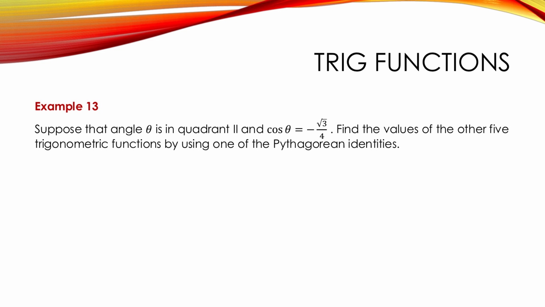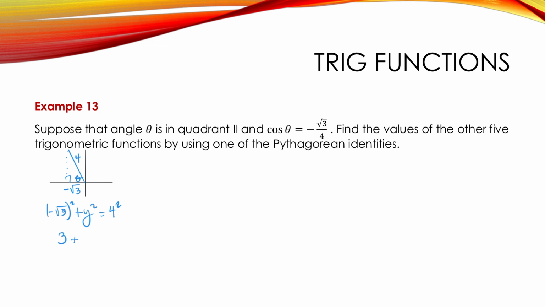We know we're in quadrant 2, so I drew an angle in quadrant 2. I'll drop down my 90 degrees. Here's my theta. I know that cosine is negative root 3 over 4. I know that my y this time is going to be positive because I'm in quadrant 2. So I know that the negative square root of 3 squared plus y squared is going to equal 4 squared.